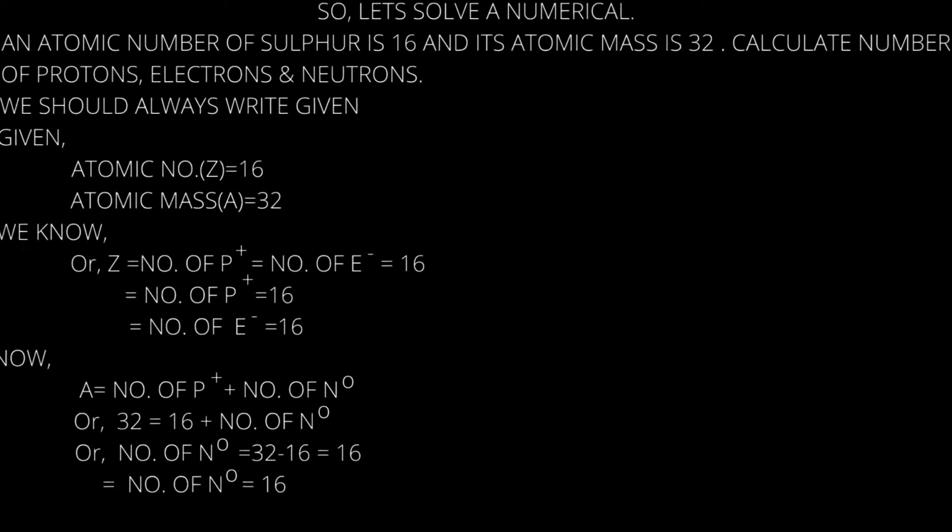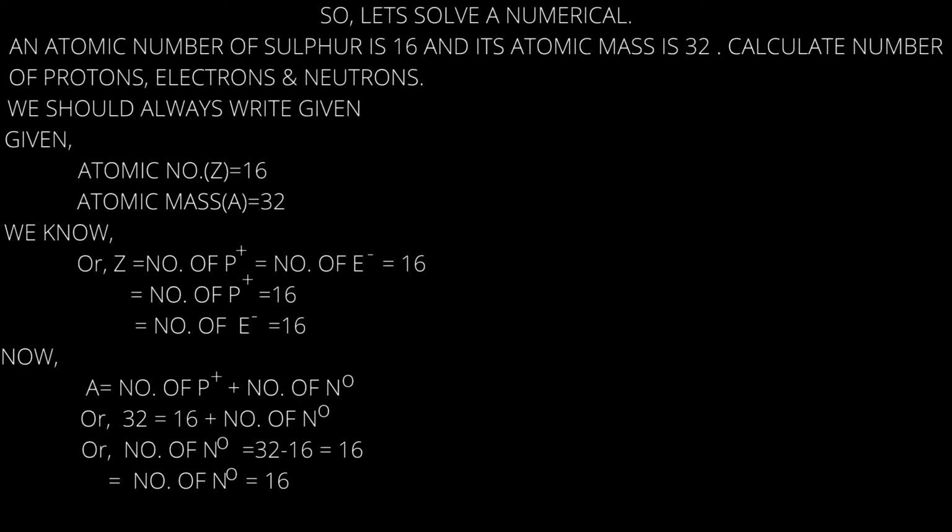So let's solve a numerical. The atomic number of sulfur is 16 and its atomic mass is 32. Calculate the number of protons, electrons and neutrons. We should always write the given. It will not confuse us later. So given atomic number Z equals 16, atomic mass A equals 32. We know Z equals number of protons equals number of electrons, which is 16. So number of protons is 16 and number of electrons is 16.